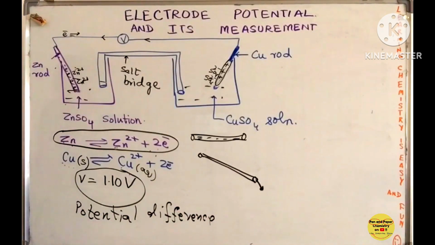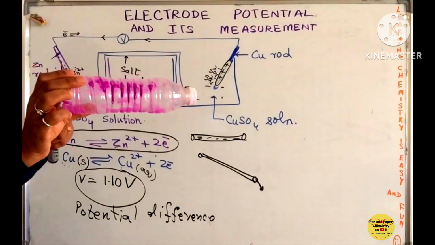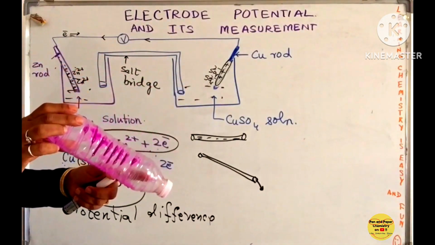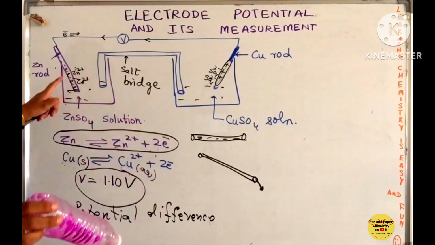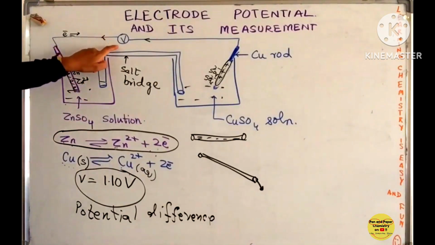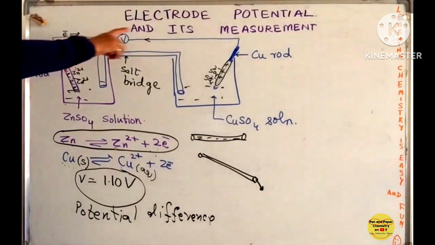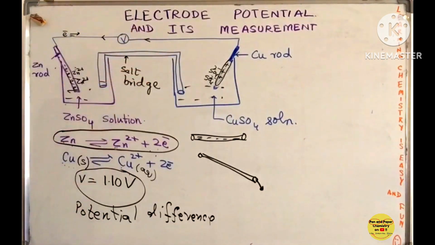Now unlike this water in a bottle where I can measure the potential energy mgh and mgh at the two points, for each of the electrodes it is a little difficult to measure the potential of each of the electrodes, because the deflection in the voltmeter or galvanometer, the measurement of the potential, can only happen when I connect the two electrodes by means of a conducting wire, right?